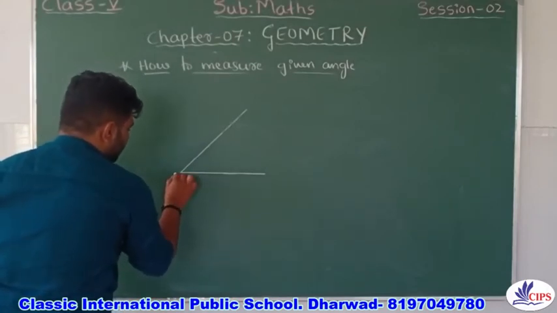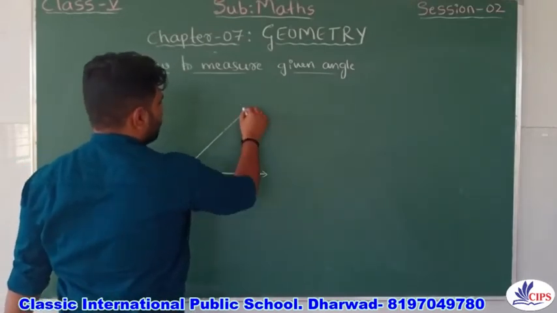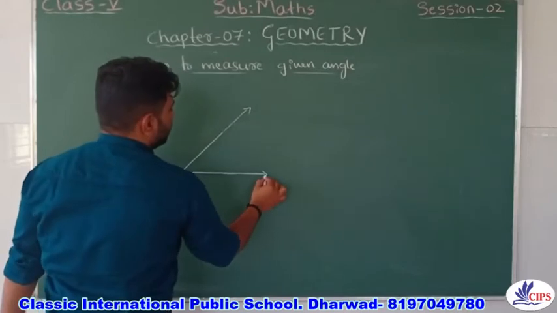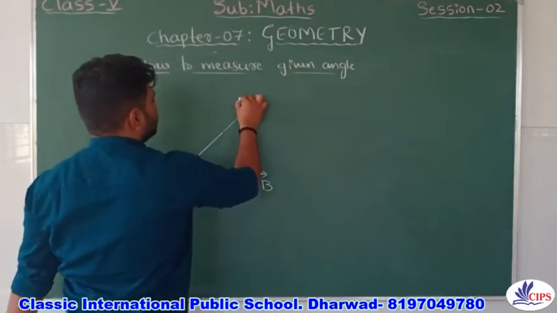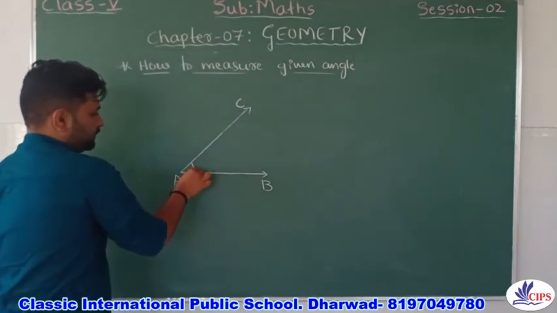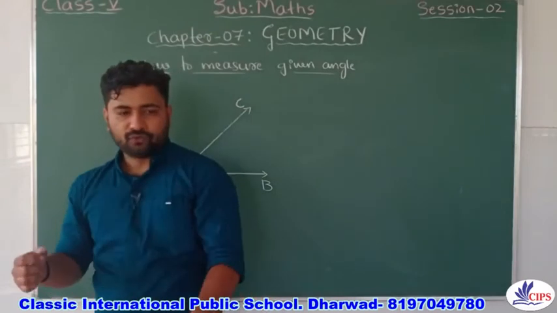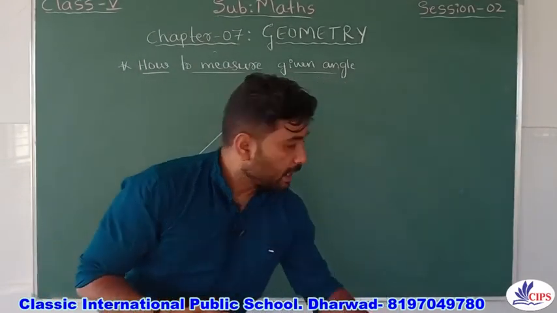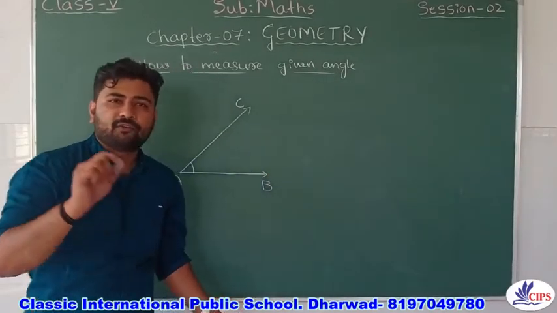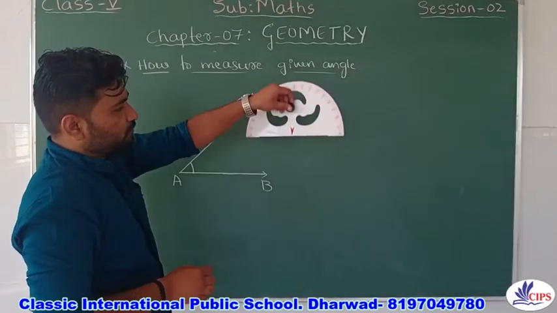This point is A, this point is B, and this end is C. I want to measure this angle. Now the question is, how do we measure a given angle? For measuring a given angle, it is a very simple procedure.